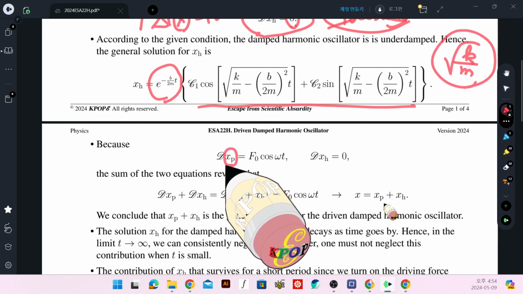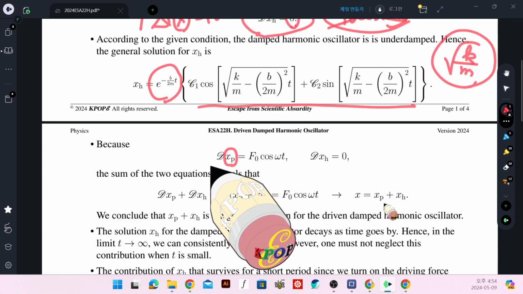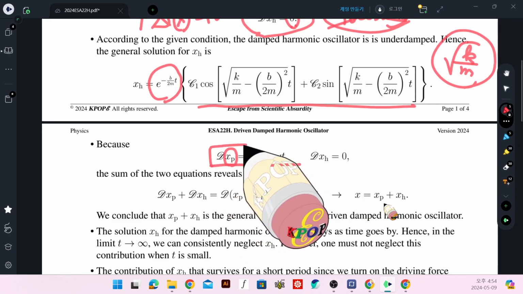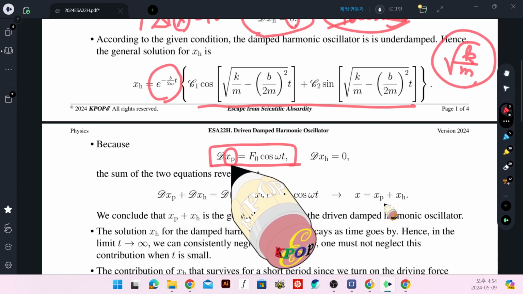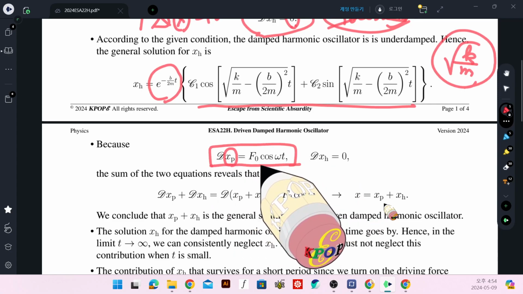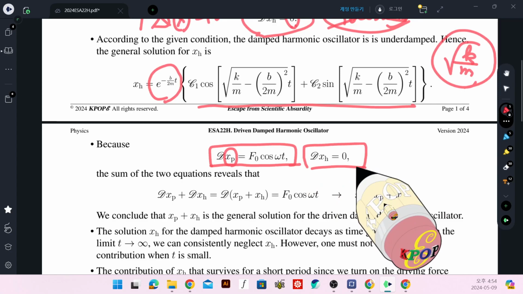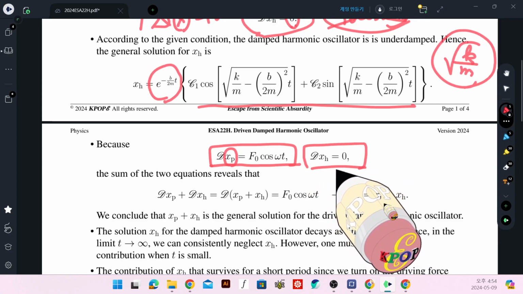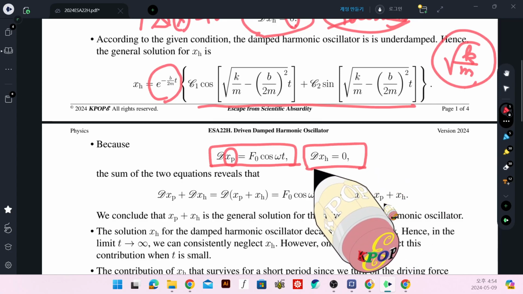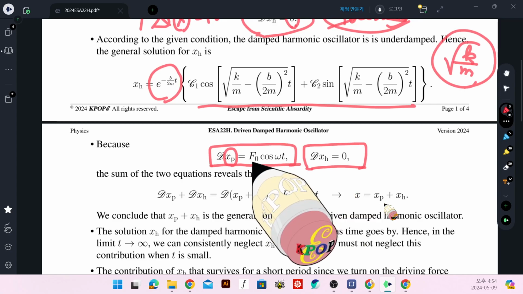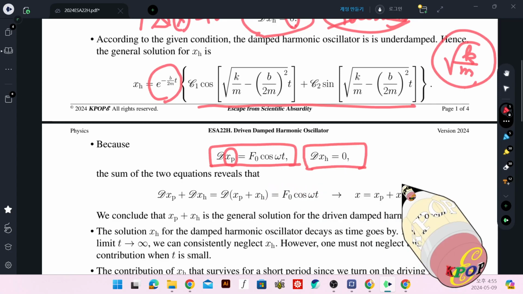We name a solution; it doesn't have to be a general solution. Suppose that we have found a particular solution, that is, a solution of this full expression including the driving force. We call xh the general solution for the corresponding homogeneous equation that does not have this driving force.